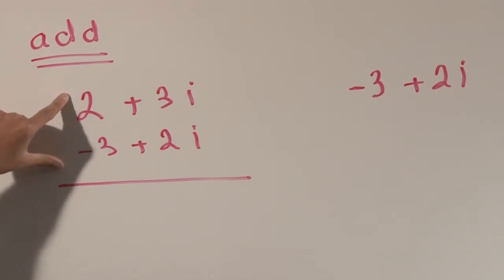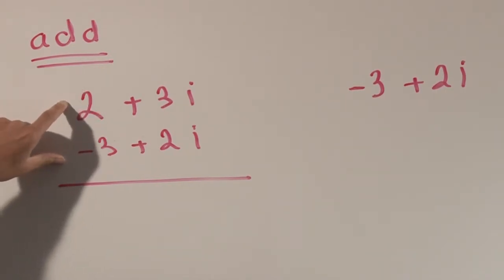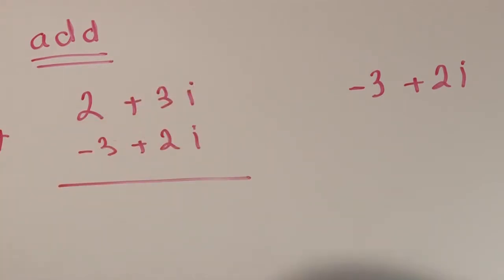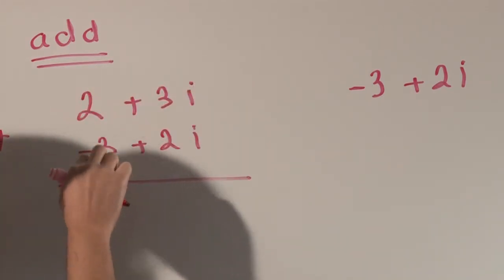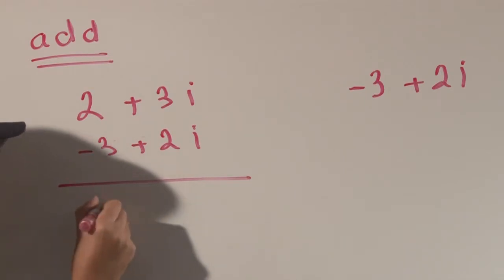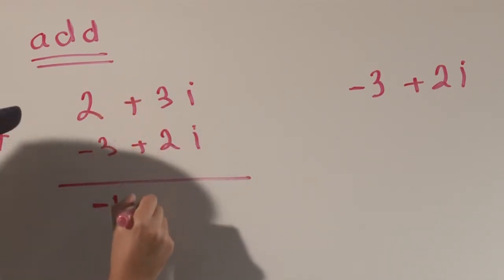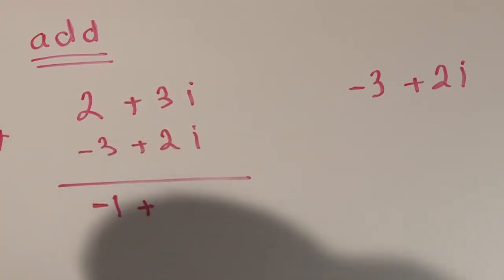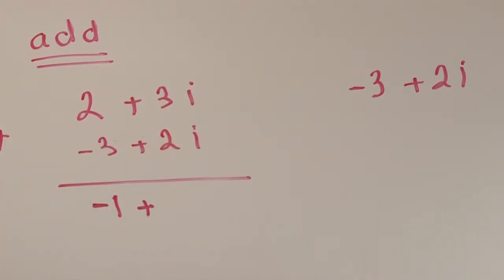I will add the real numbers together, and I will add the imaginary numbers together. So 2 minus 3 is what? Negative 1, right? Plus 3 and 2 is what? It's 5. But how could I say that? Oh, 3i and 2i. Okay.